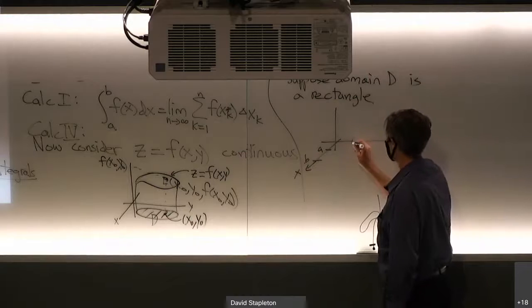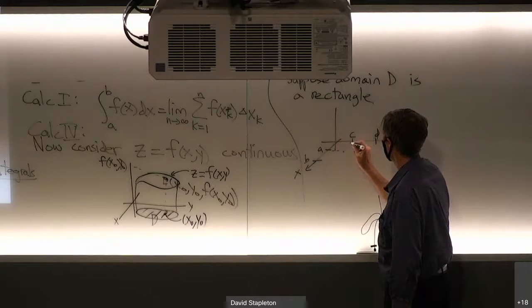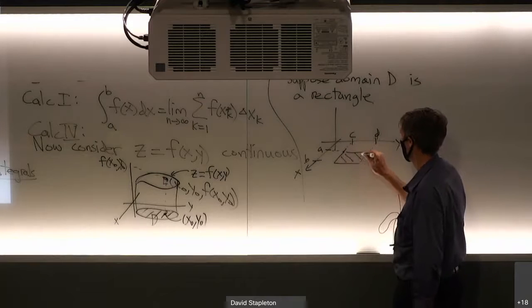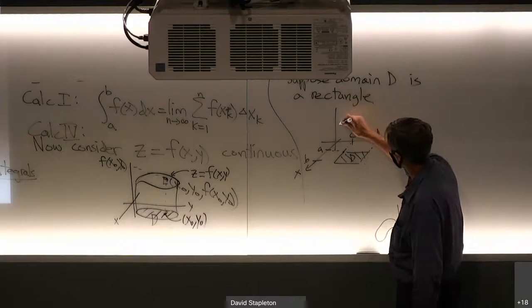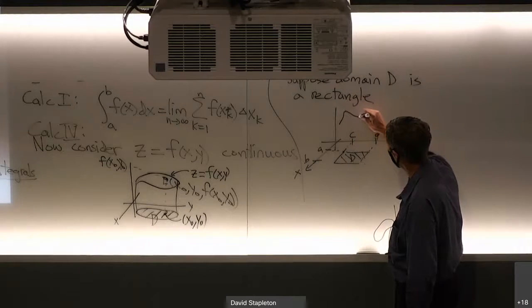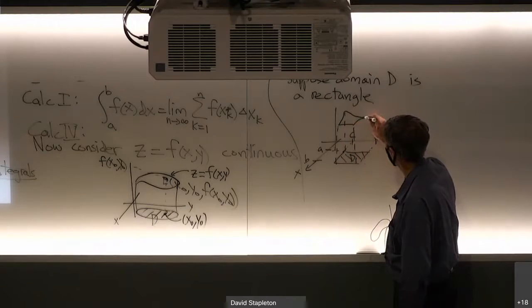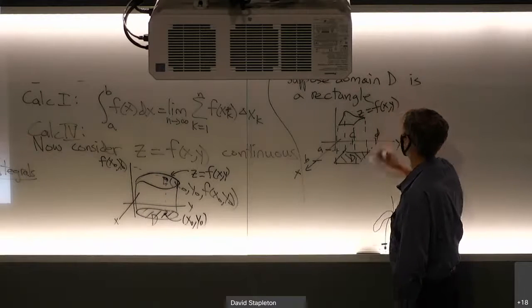Here's the y-axis, it goes from C to D. And you've got this rectangle. And now I've got a surface sitting up over the top here somewhere. Like that. Z equals f of xy, and I'm thinking of estimating the volume under the surface.